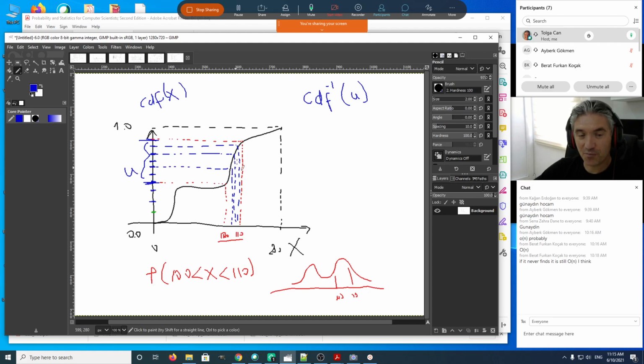So if the probability to observe something is large between small intervals, these equally spaced things, which are uniformly distributed, your CDF function, since it was increasing rapidly, arranges them into this small region, which means that the probability to observe them is small. So that's the intuition behind why CDF of X is uniform.